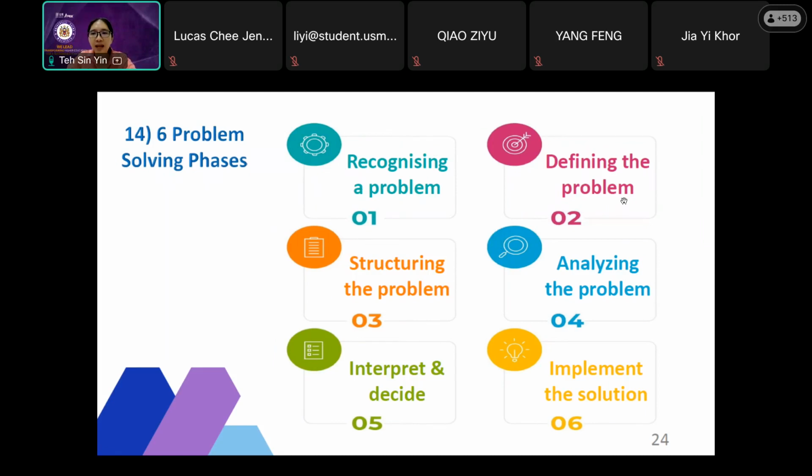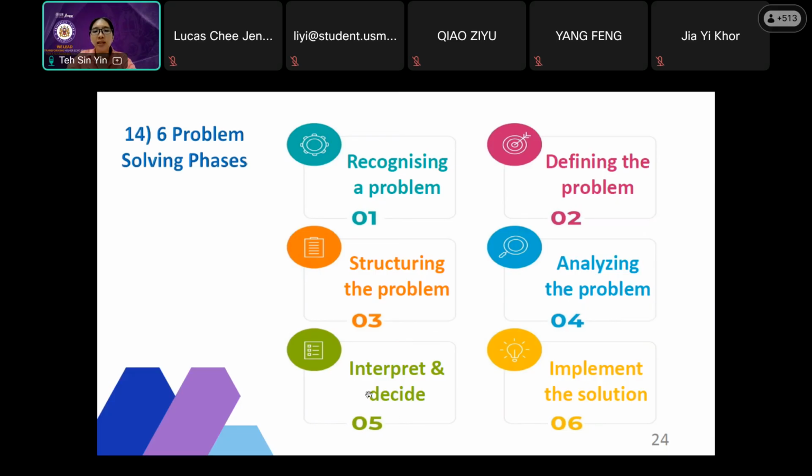And then define the problem clearly so that everyone understands it. Then you structure the problem in a way that it can be solved. Then you analyze the problem, for example using a decision tree or a cause and effect diagram to find the potential problem.